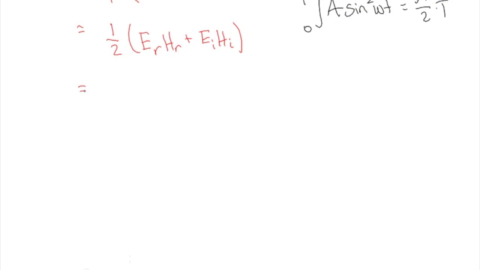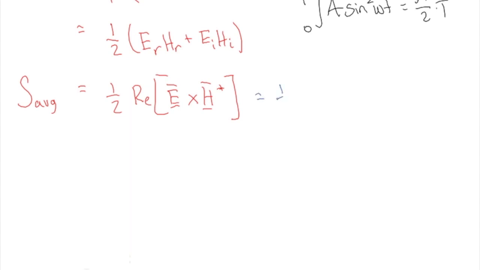And we can prove this equals 1/2 times the real part of the electric field crossed with the complex conjugate of the magnetic field. This can easily be shown by rewriting exactly what that means.